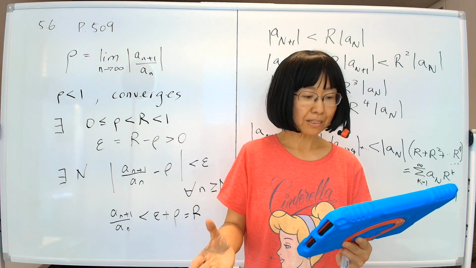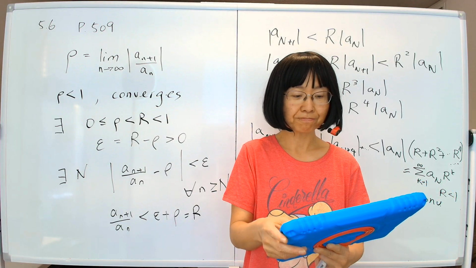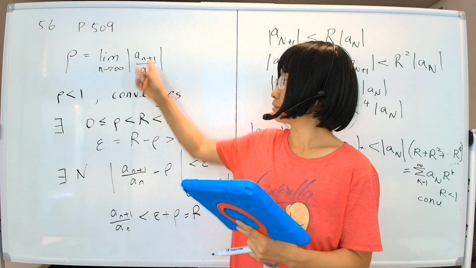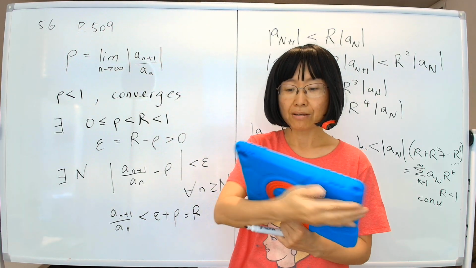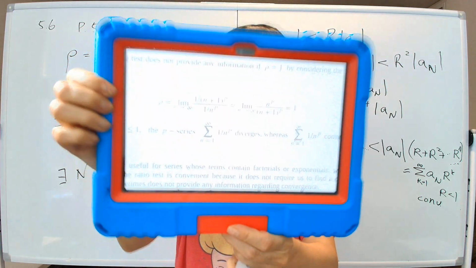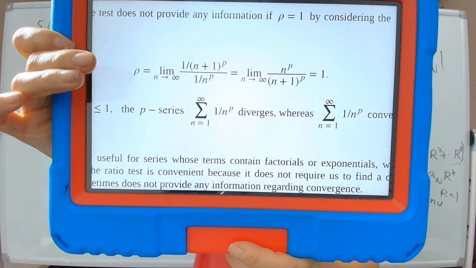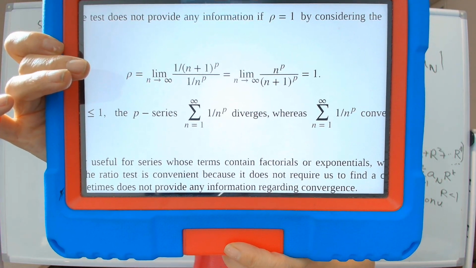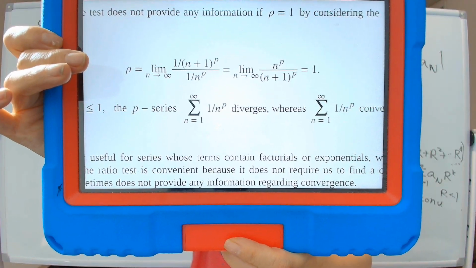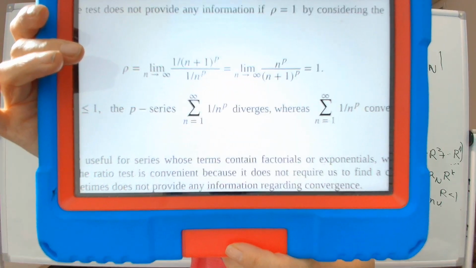If you take the limit of a sub n plus 1 over a sub n for any p series, it will end up being 1. Take a look at this: you have n^p and (n+1)^p. The n is only different by 1, and when n becomes a trillion, you really don't notice the difference. So the limit will go to 1.